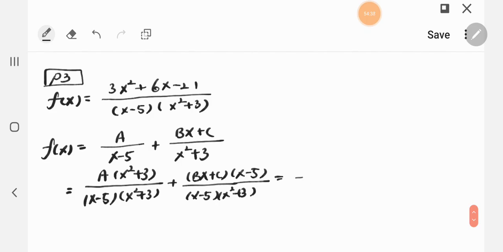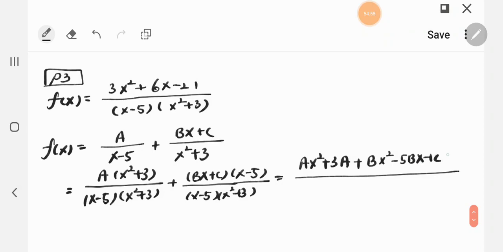Okay, then the numerator is ax squared plus 3a plus bx squared minus 5bx plus cx minus 5c. X minus 5, x squared plus 3, unchanged.